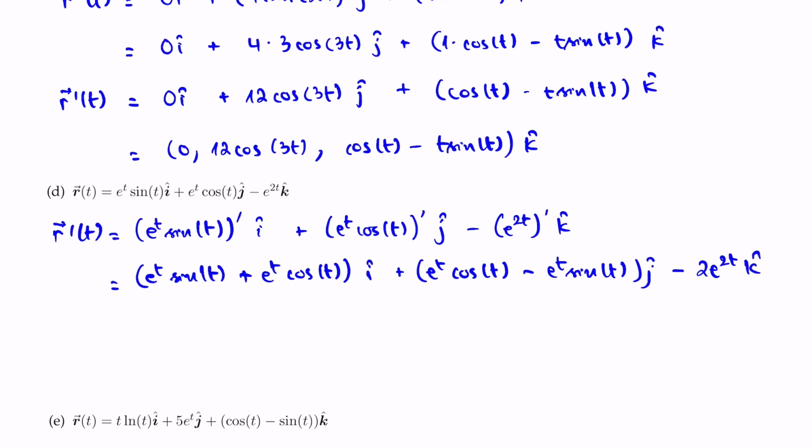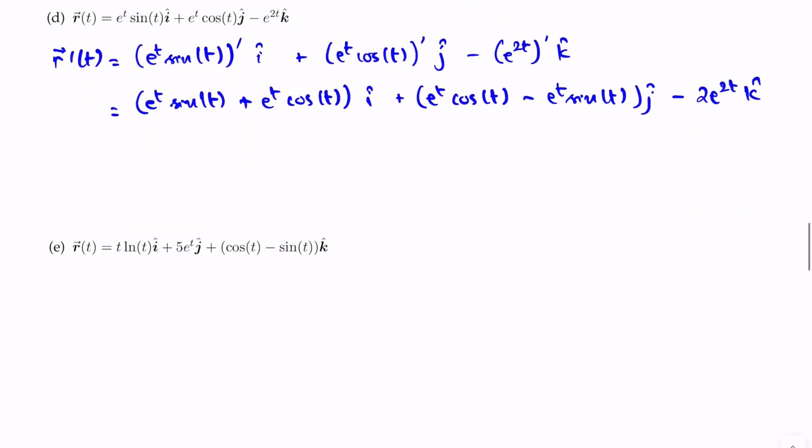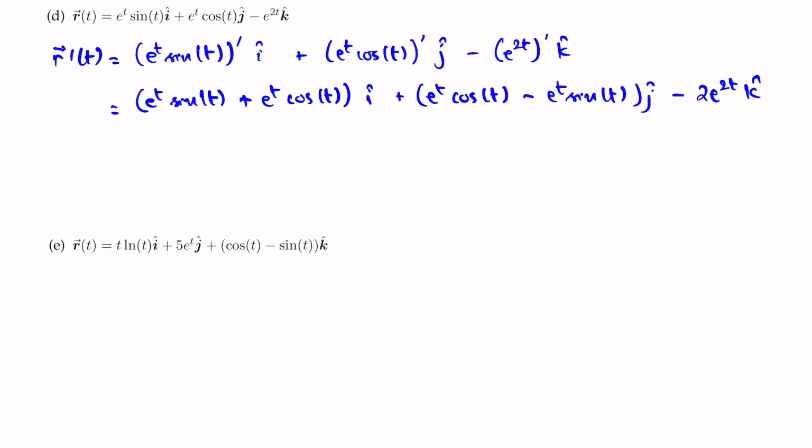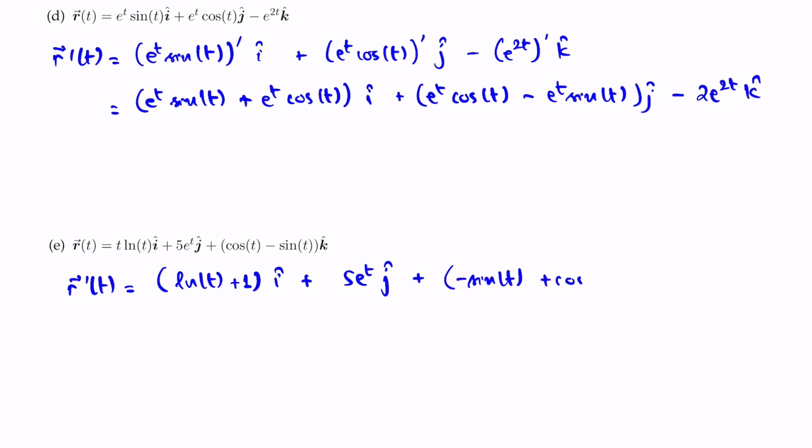And that is the answer. And for the last example, I'm just going to give you the answer because everything is going to be very similar to what we already did. So r prime of t is going to be equal to (ln of t plus 1) i plus 5 times e to the t j plus (negative sine of t plus cosine of t) k.